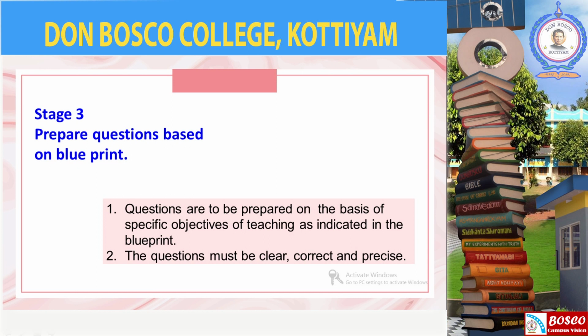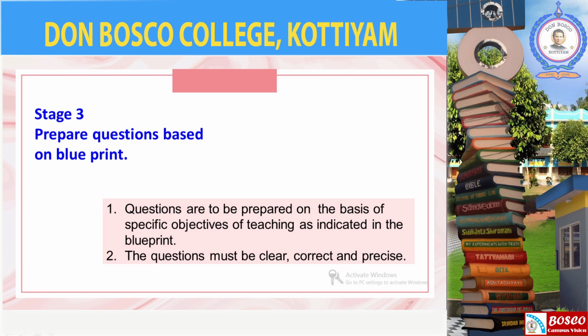One for analyzing the student's writing skills and the other for analyzing his textual knowledge. If you look at that blueprint, you can see that one is from the content area of writing skills and the other from the textual knowledge.